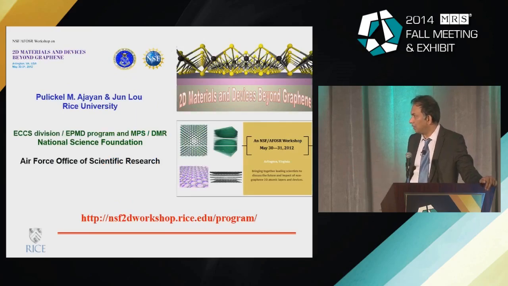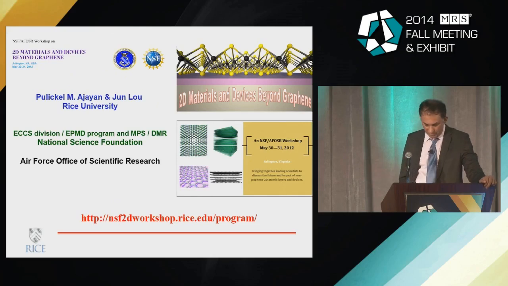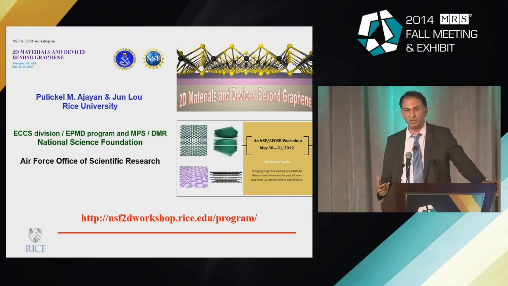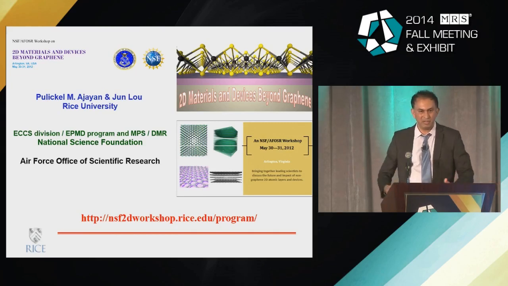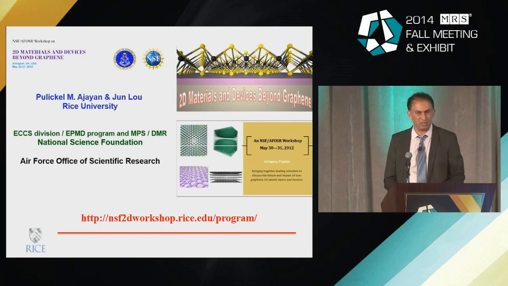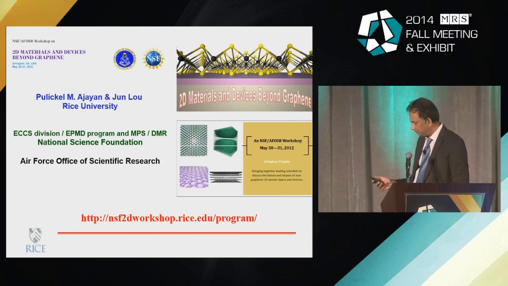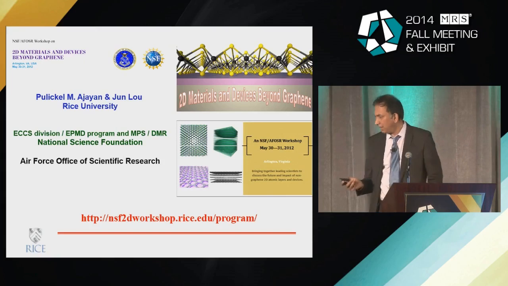And also, a couple of years ago, we had organized this workshop supported by NSF and Air Force Research Lab on 2D materials that go beyond graphene. And that has evolved into many funding opportunities and so on, which especially the US folks have been able to utilize. So I think there's a big community now working on this area.